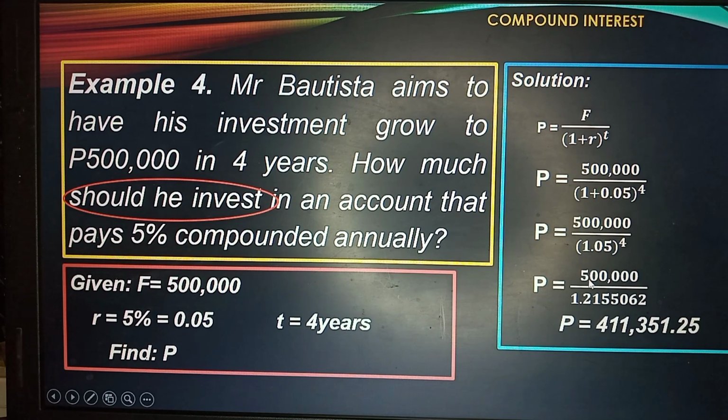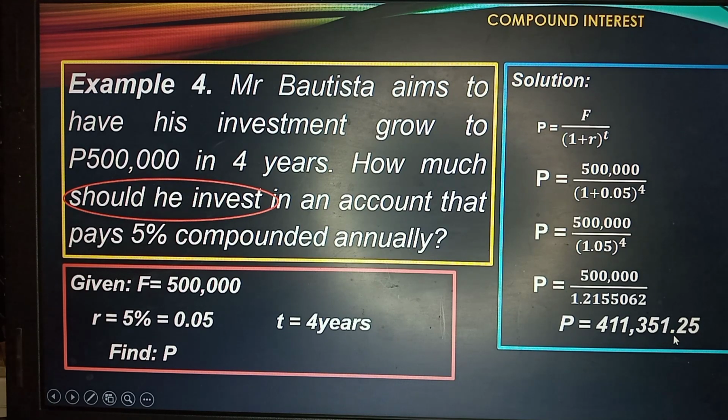And then 500,000 divided by 1.2155062, we will have 411,351.25. Therefore, if you want to get 500,000 after 4 years, you should invest 411,351.25 right now.